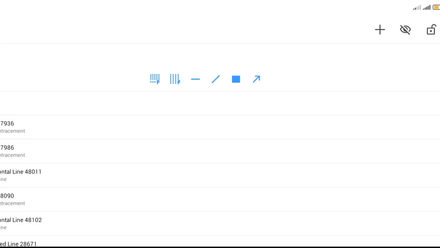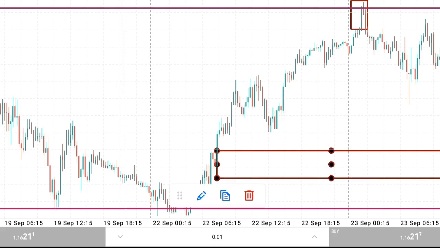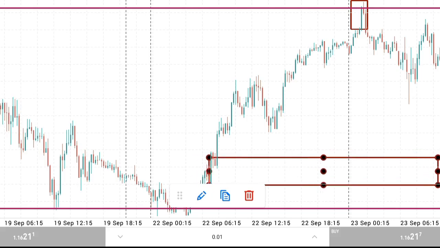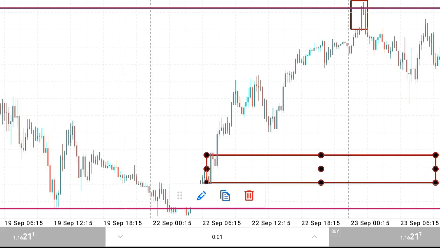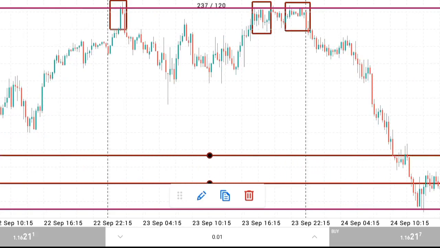Now, this is our demand zone. See, that's the candlestick that has the major move. That's it. The candlestick has the major move.